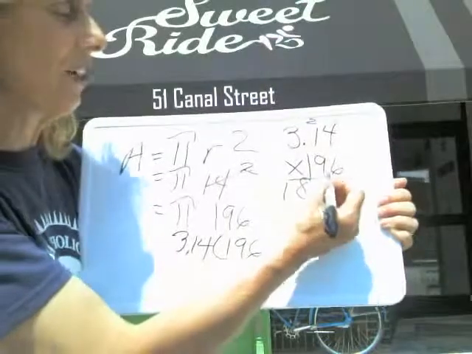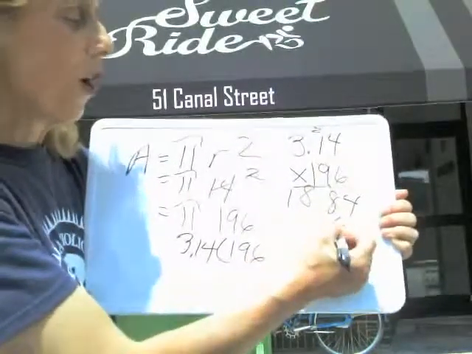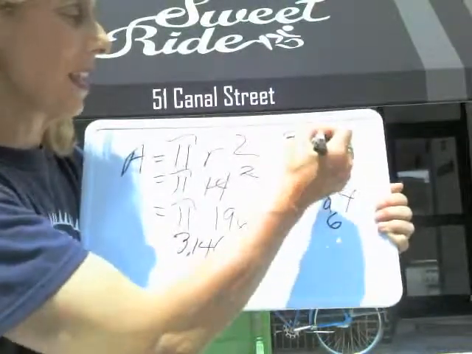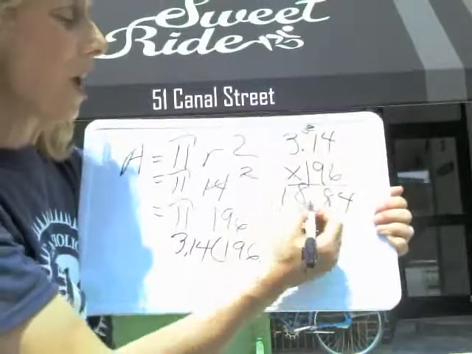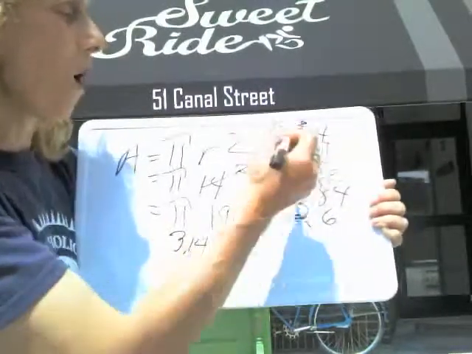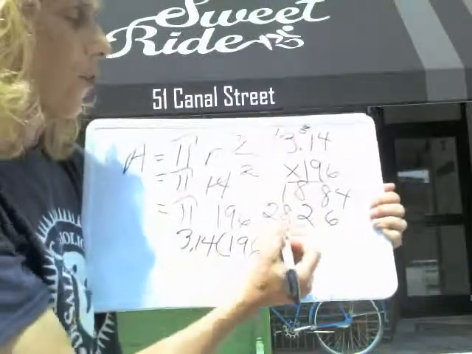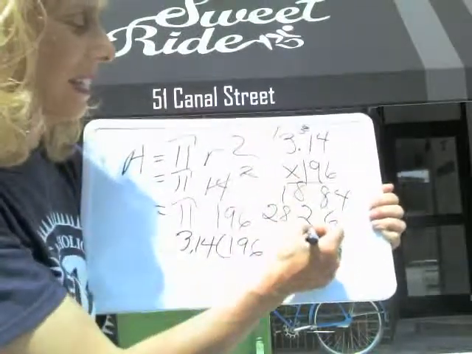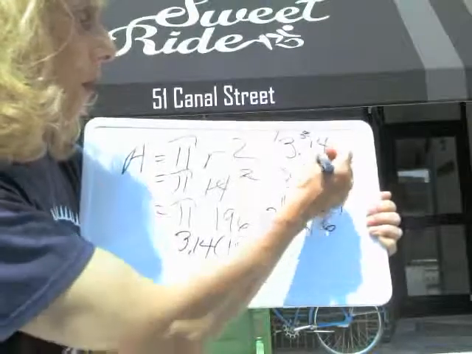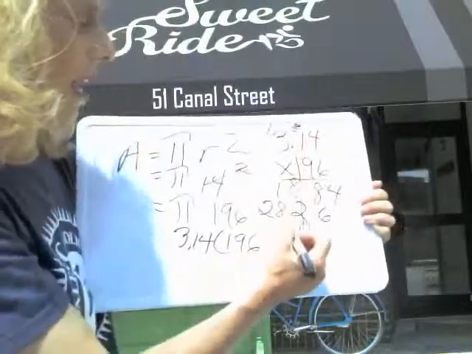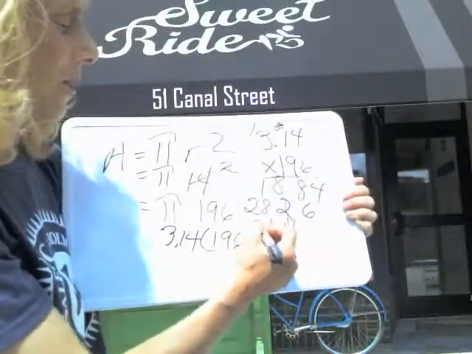Now I have to start here. 9 times 4, 36, carry 3. 9 times 1 is 9, plus 3 is 12, carry 1. 9 times 3, 27, plus 1, 28. My last one, the easiest, I start right under it. 1 times 4 is 4, 1 times 1 is 1, 1 times 3 is 3.